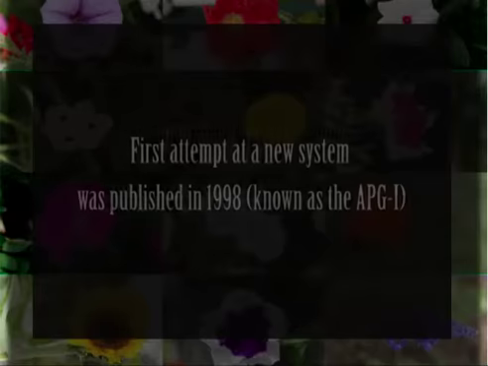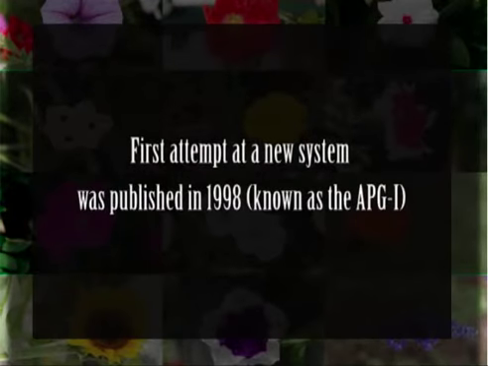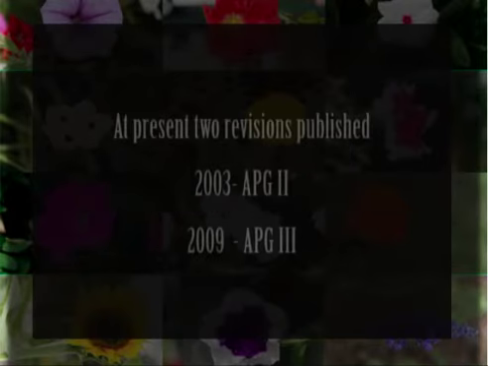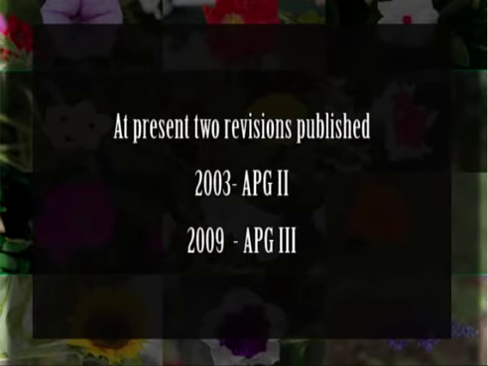The first attempt by this APG group was published in 1998. That system of classification is known as APG first. At present, 2 more versions of this Angiosperm Phylogeny Group have been published. First, in 2003, known as APG second, and the latest one in 2009, known as APG third.